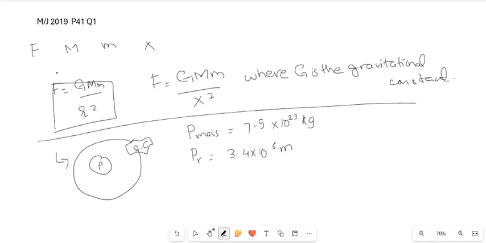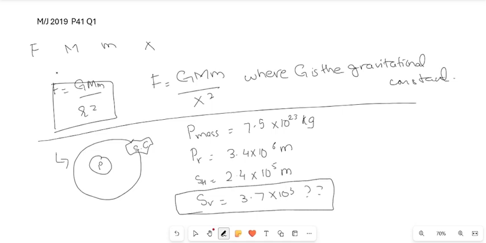The first part says the spacecraft is to orbit the planet at a height of 2.4 into 10 raised to the power 5 meter above the surface of the planet. At this altitude there is no atmosphere. Show that the speed of this spacecraft is 3.7, which we have to prove.